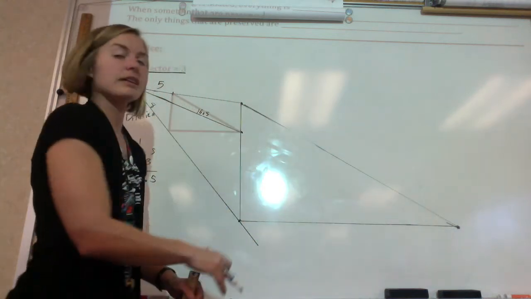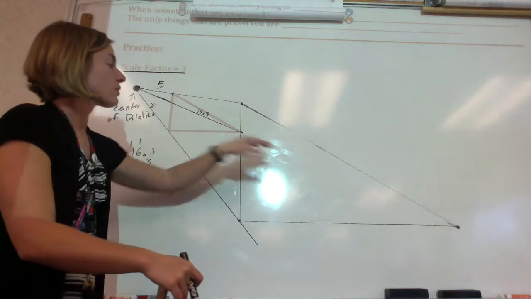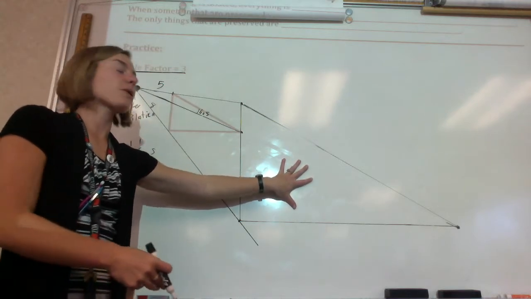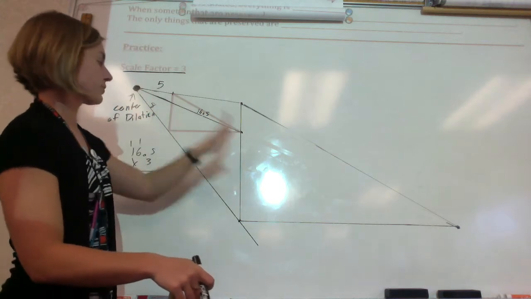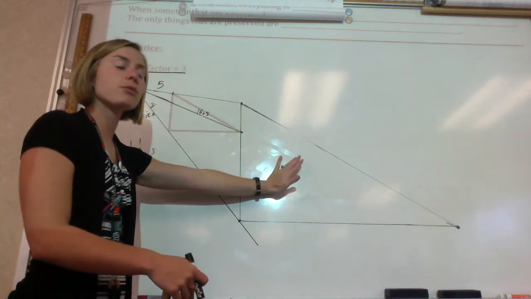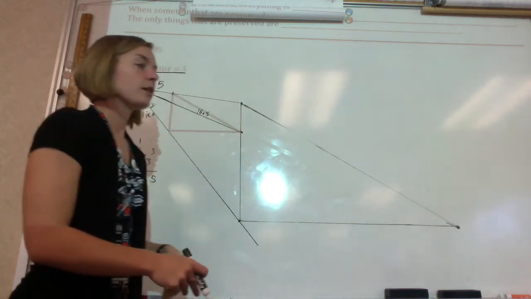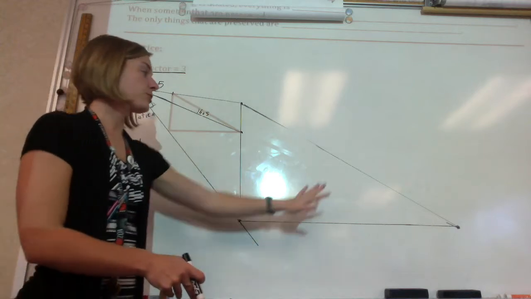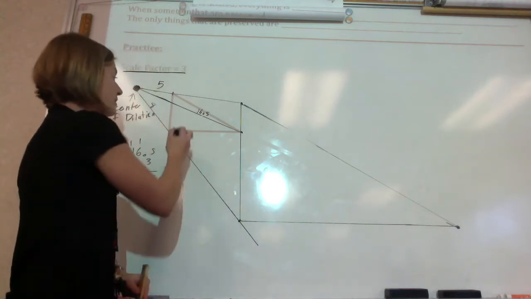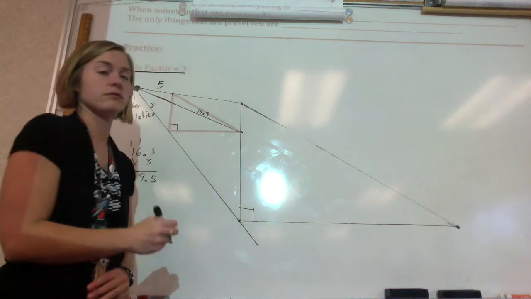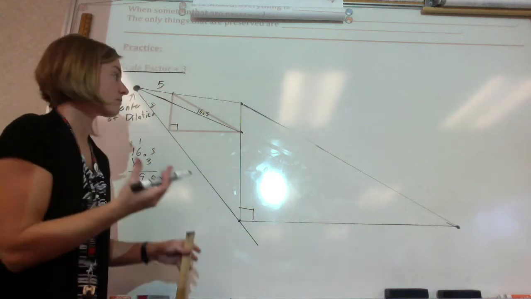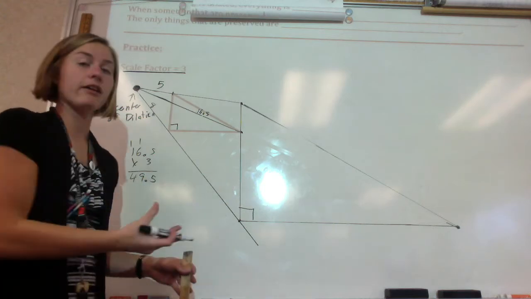This triangle is the original one, just dilated by 3. So everything's 3 times bigger. The side length is 3 times bigger. It's 3 times as far away from our dilation point. This side's 3 times bigger. But again, the shape is preserved and the angles are preserved. So like how this is a right angle, this is also a right angle. Okay? And that's how you do a scale factor.